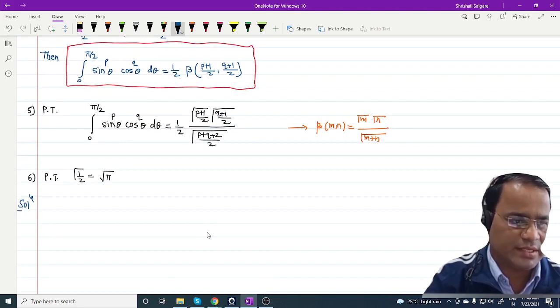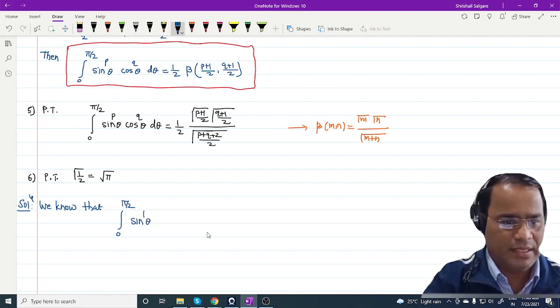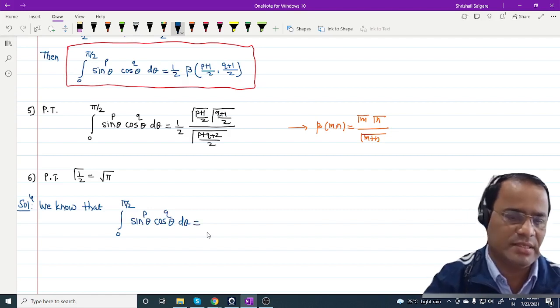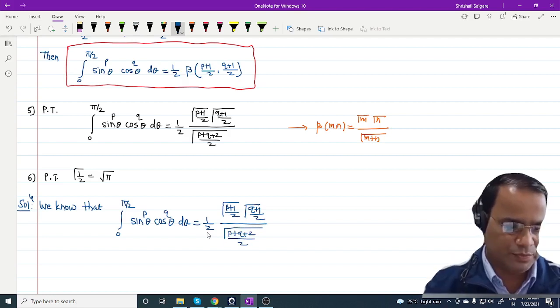So we know that integral from 0 to pi by 2 sin theta raised to p into cos theta raised to q d theta is given by 1 by 2 into gamma of (p plus 1) divided by 2 gamma of (q plus 1) divided by 2, that whole divided by gamma of (p plus q plus 2) divided by 2. Okay, this is the property.